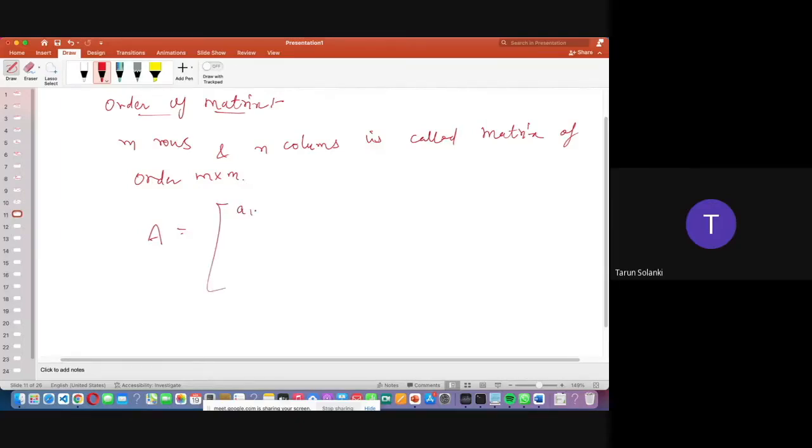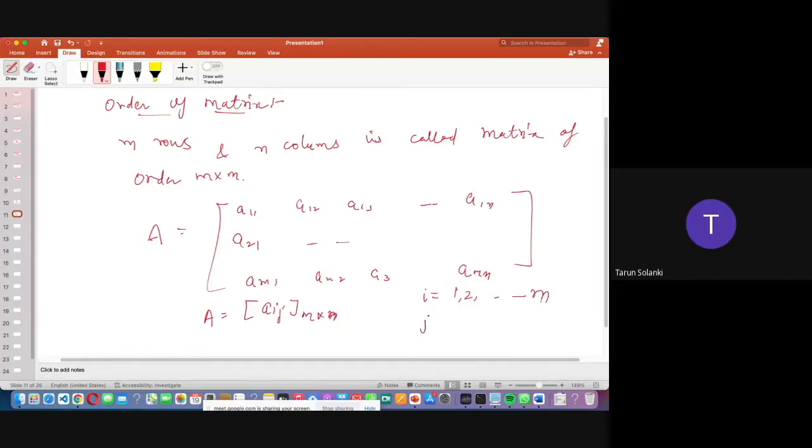A matrix A of order m into n is usually written in the form: a11, a12, a13 up to a1n. Similarly, a21 and so on, and the last row is am1, am2, am3 up to amn. Or we can write this as A equals aij, which is m into n, where i equals 1, 2 up to m, and j equals 1, 2 up to n.